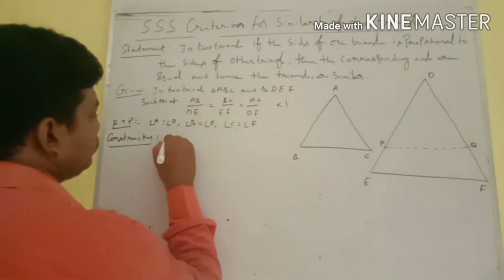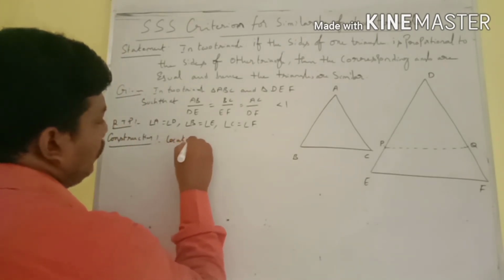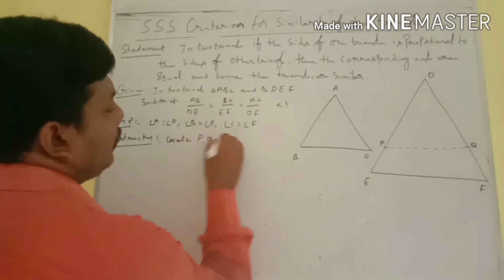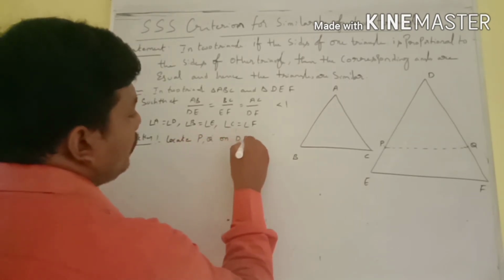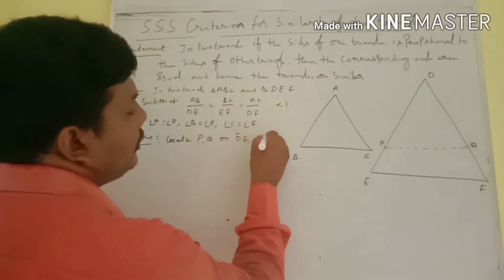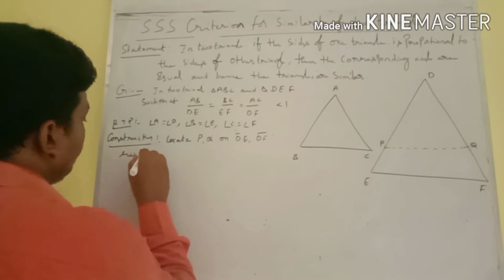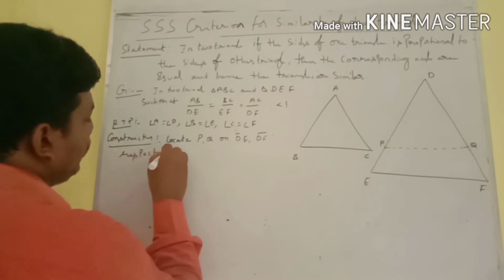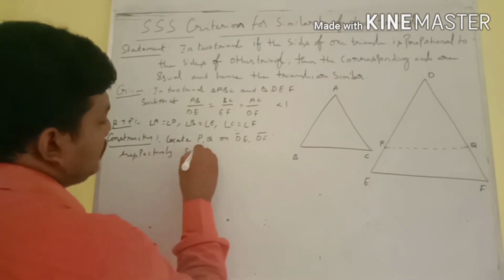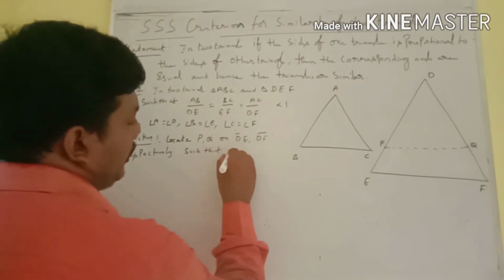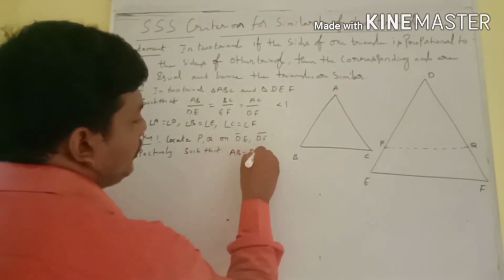Locate P, Q on DE, DF respectively such that AB is equal to DP.